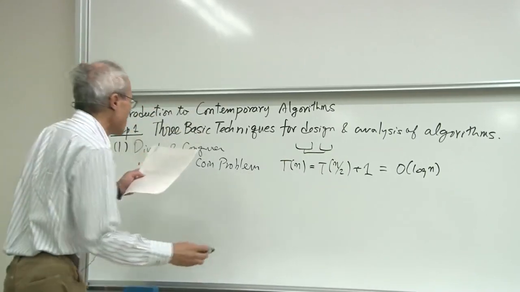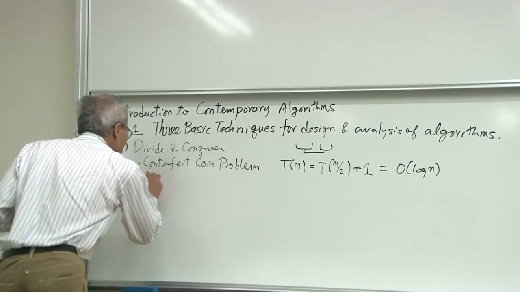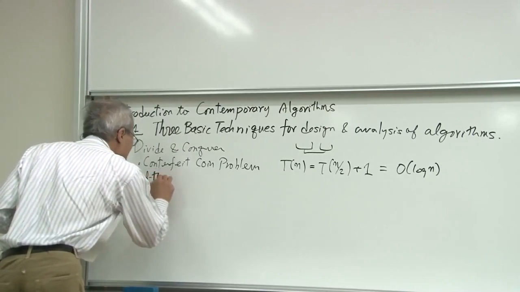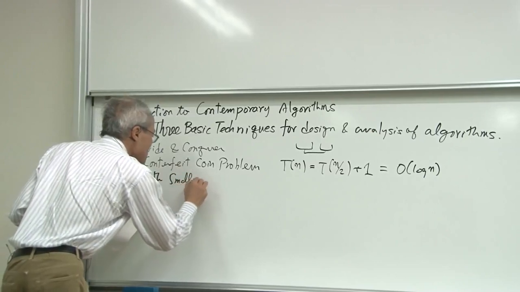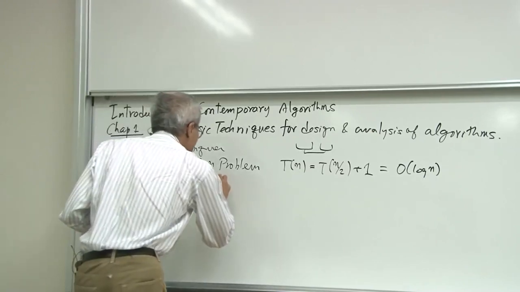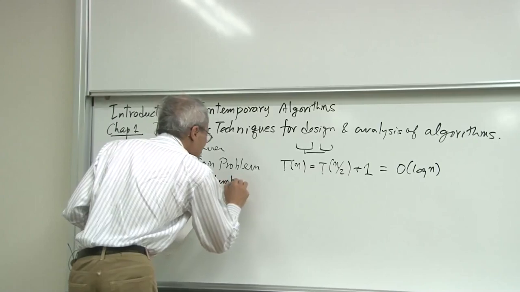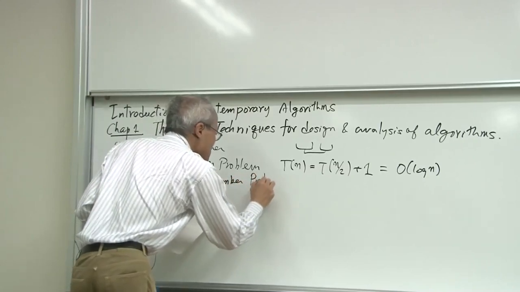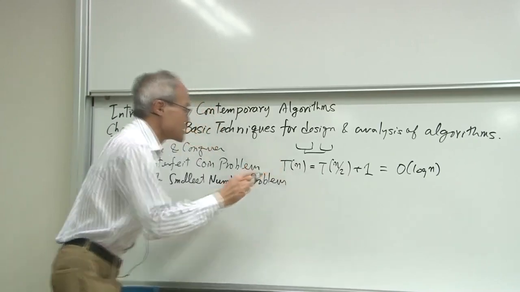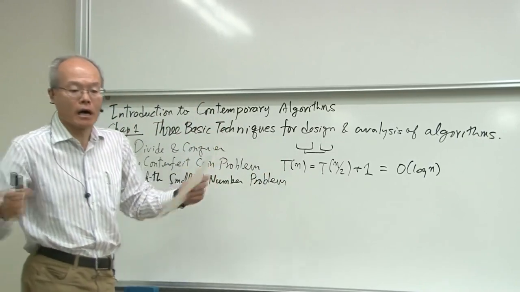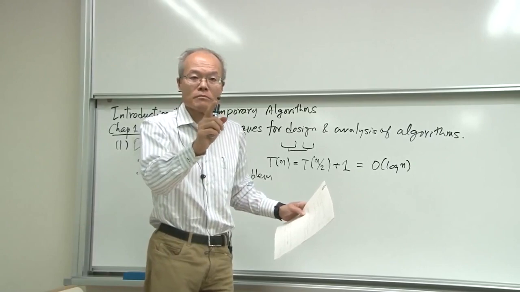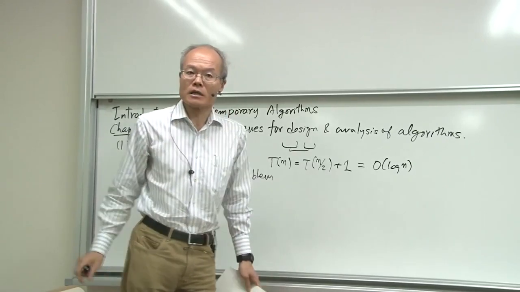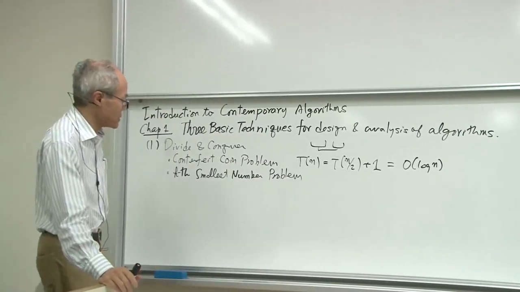The next example is the kth smallest number problem. We are given n integers, and we just find the kth smallest, maybe the fifth or seventh smallest or largest number.